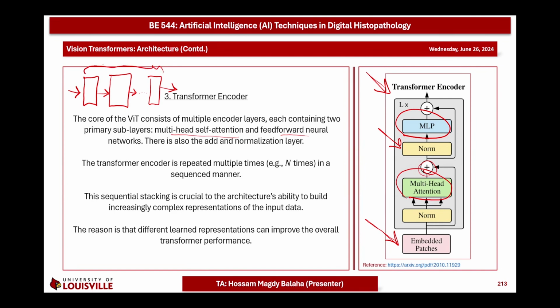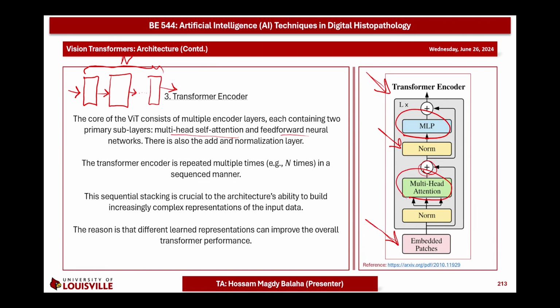So now we have n encoders, and the sequential stacking is crucial to the architecture's ability to build increasingly complex representations of the input data. And the hypothesis behind that is that different learned representations can improve the overall transformer performance.